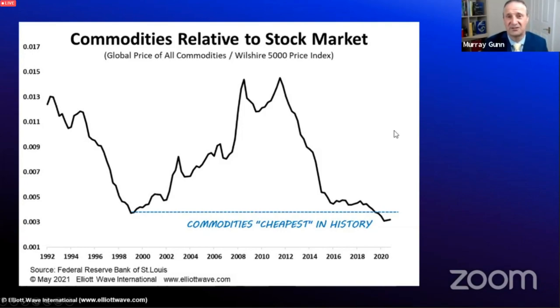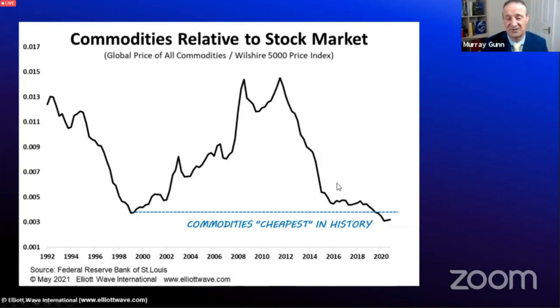Now, Bob Prechter has just published the latest Elliott Wave Theorist, and in that he presents a chart similar to this based on the Dow Jones, and shows that commodities have been in a declining trend relative to stocks for 100 years. So there's a huge amount of potential for commodities on a relative basis.